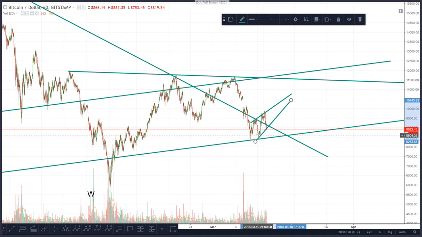So you'd have a 1, 2, 3, 4, 5 to make a wave 1. You get a wave 2 retracement, and then you get a sharp wave 3 going up, 4 and 5. So that's one possibility.